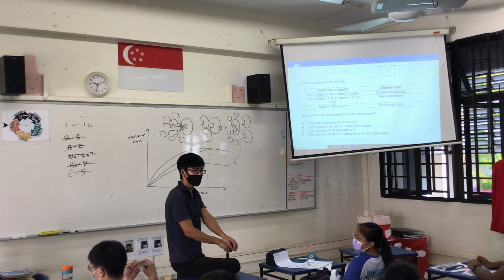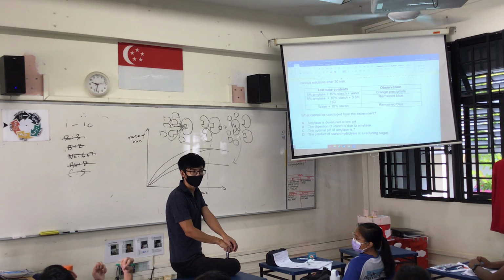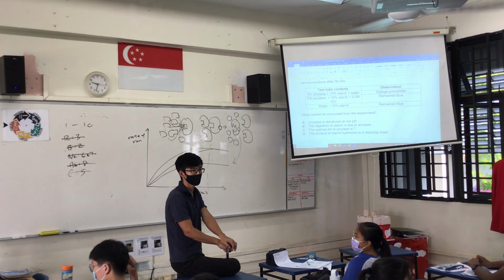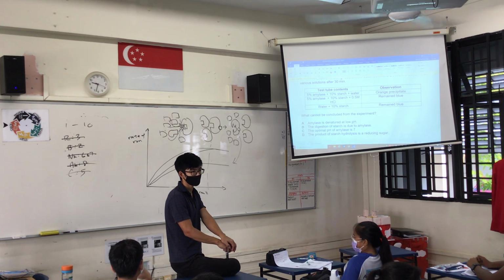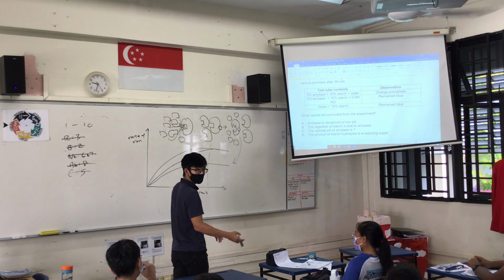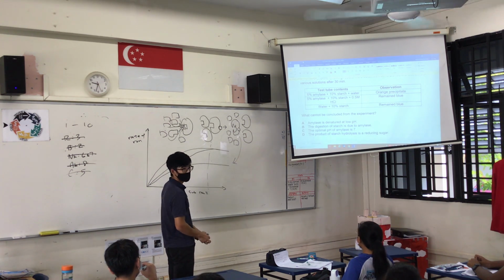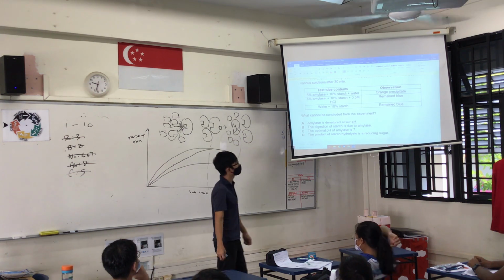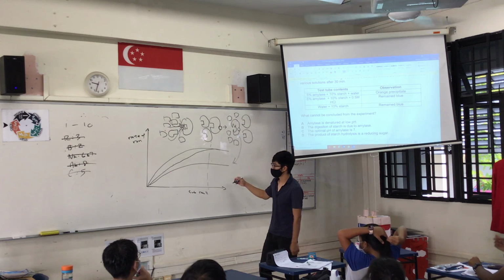It may not be denatured. For example, when there's a difference in temperature, sometimes it's not optimal, but it's not denatured, right? Same idea. Because the graph is not zero yet.